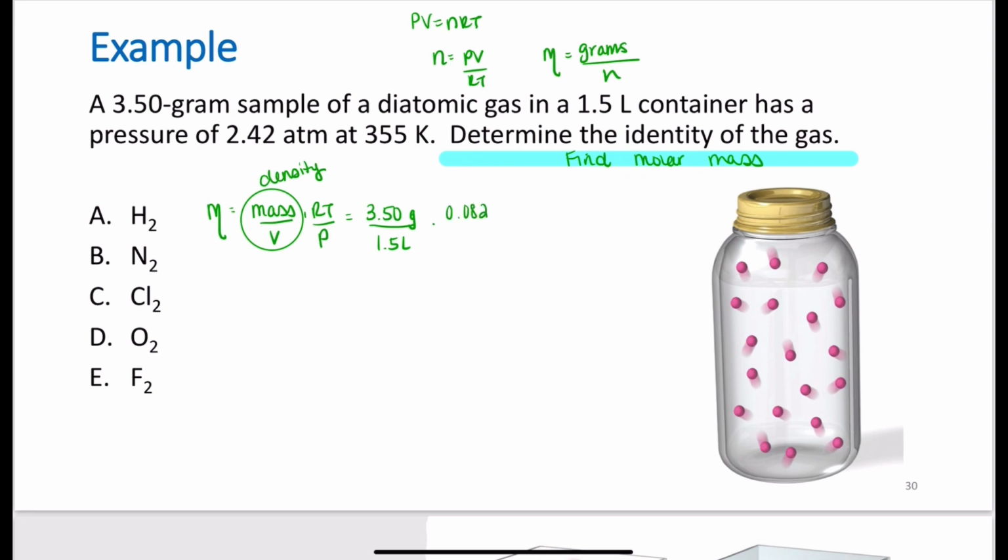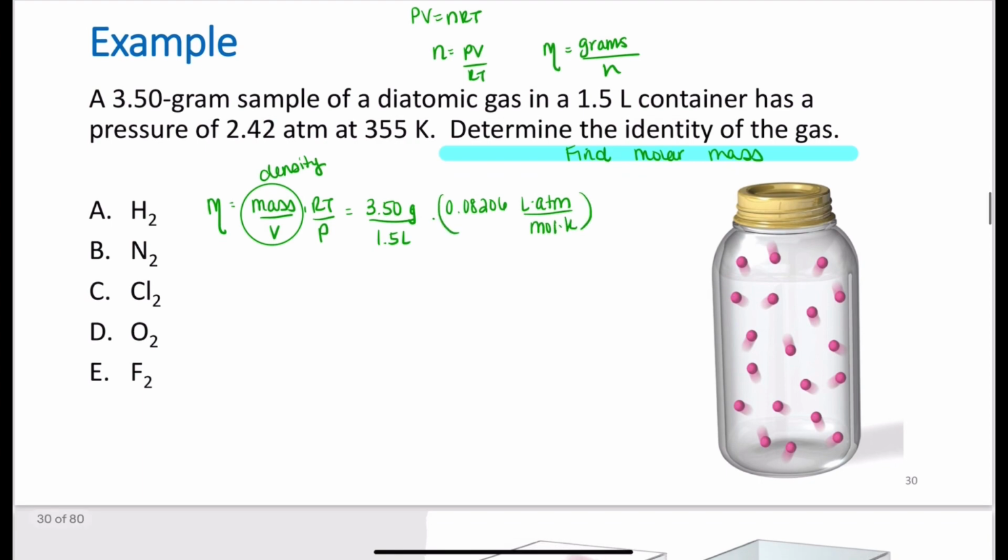R is 0.08206 liter atmosphere per mole K. The temperature here, 355 K. And the pressure, 2.42 atmosphere. Plug all that in, and I'm going to get an answer. Sig figs, there's two sig figs here, 28 grams per mole.